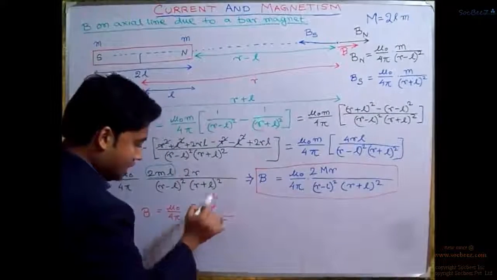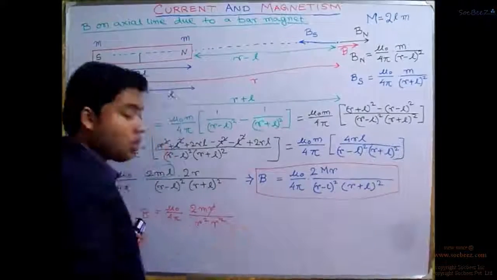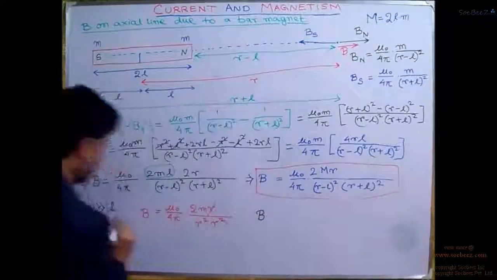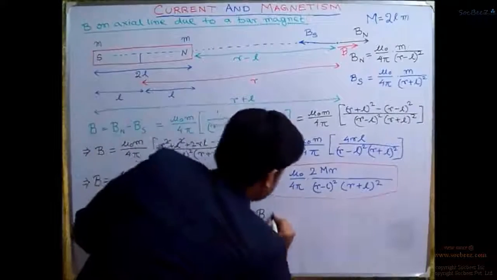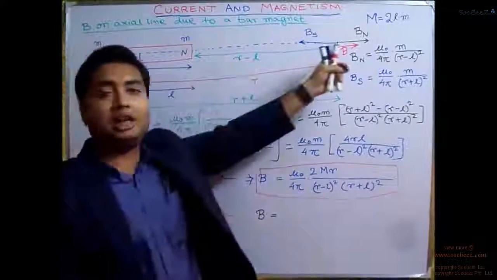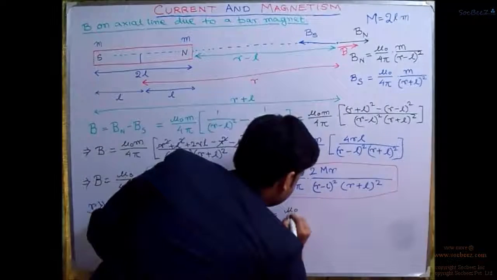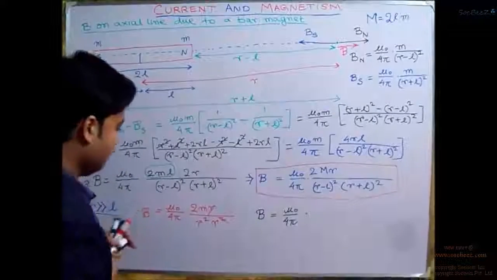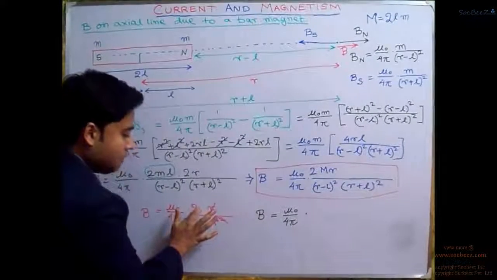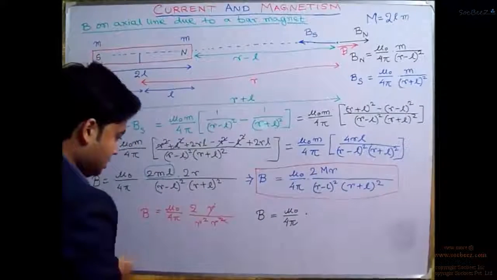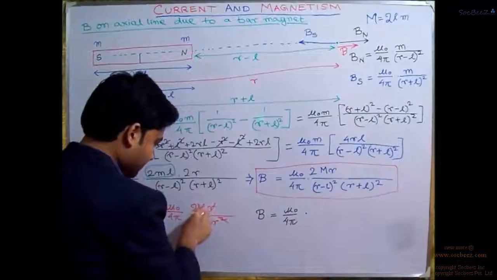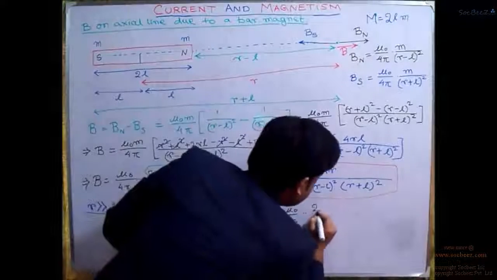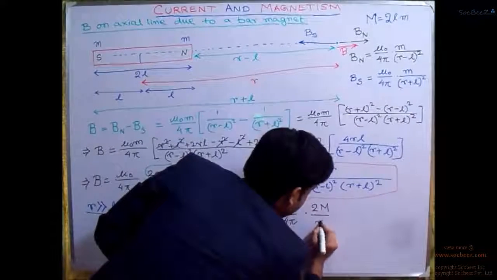So we can observe that the R in the numerator will cancel out one R in the denominator, which means that when R is very, very greater than L, the resultant magnetic flux density at this point will simply be equal to mu naught divided by 4 pi multiplied by 2 capital M. This will not be the pole strength, but actually the magnetic dipole moment, so this will be capital M, divided by R cube.